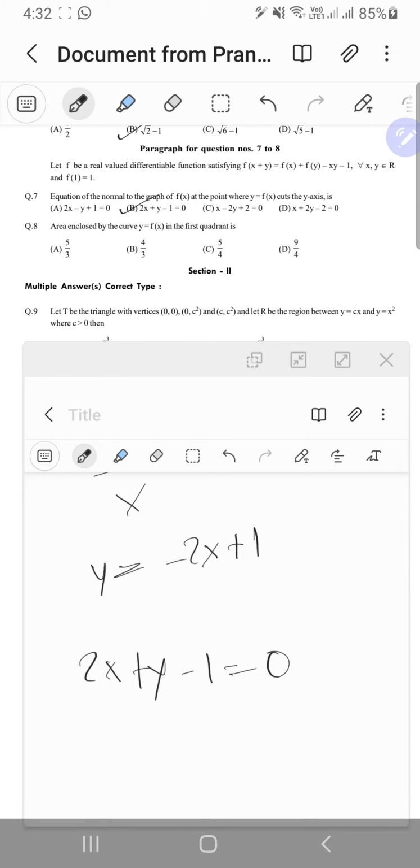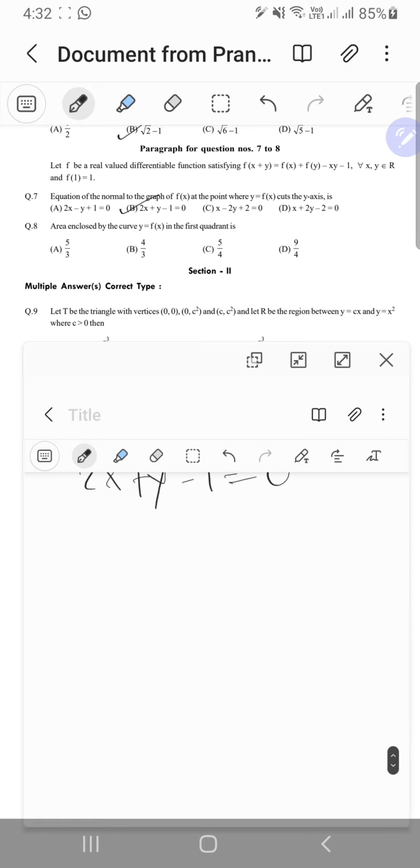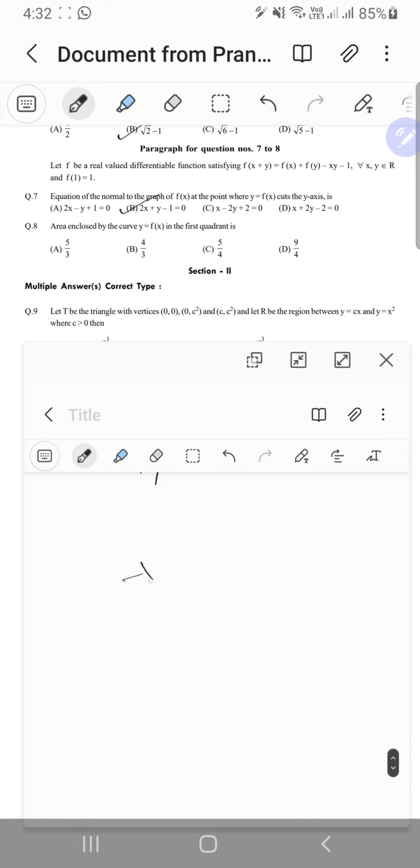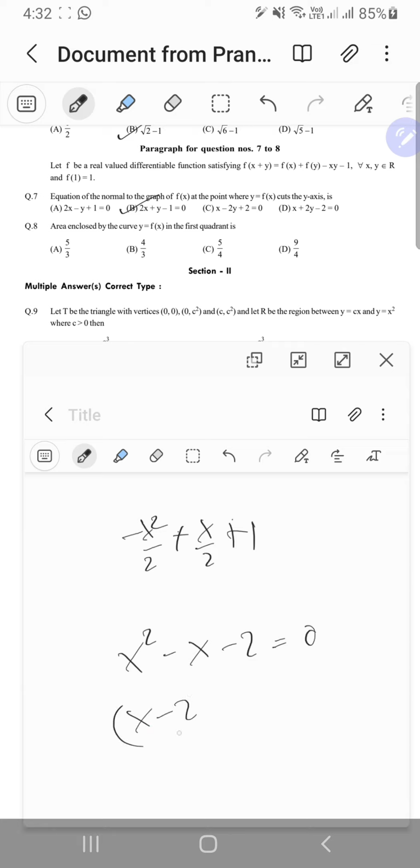Area enclosed by the curve in the first quadrant. Okay, what's the thing once again? This guy, minus x squared by 2 plus x by 2 plus 1. First of all, when is it 0? You just have x squared minus x minus 2 equal to 0. So x minus 2 into x plus 1 equal to 0.